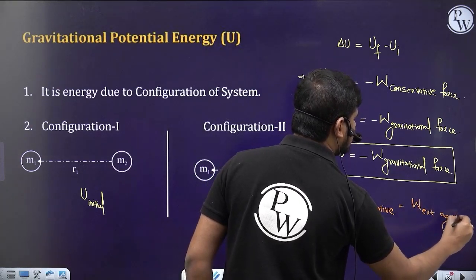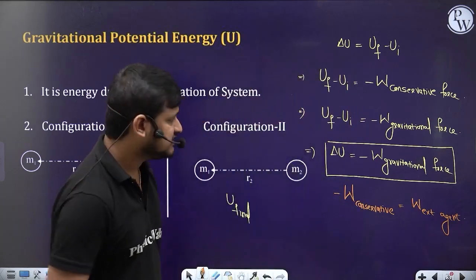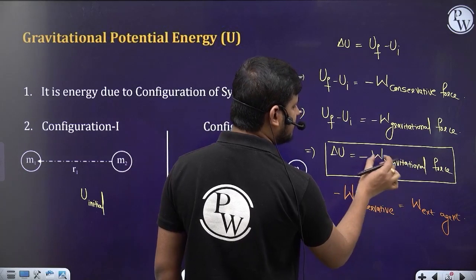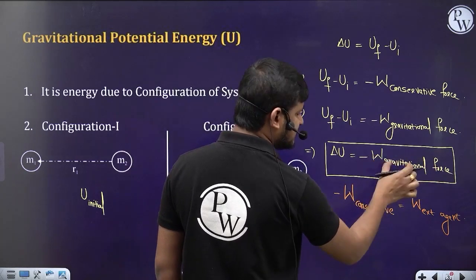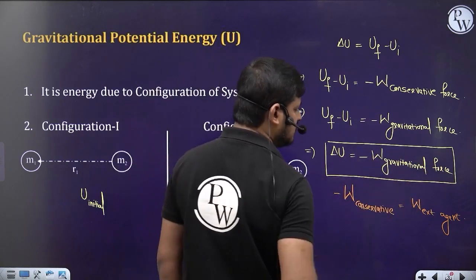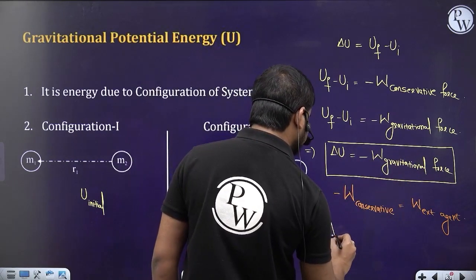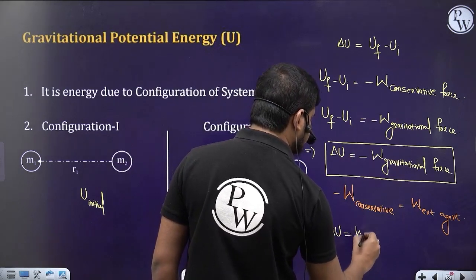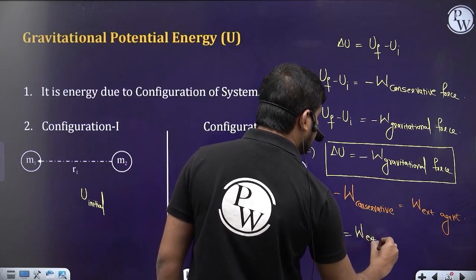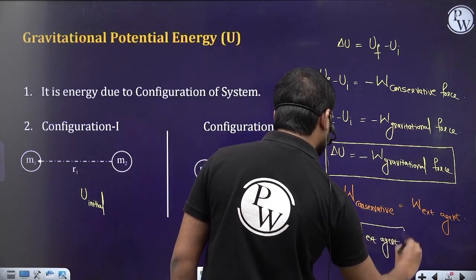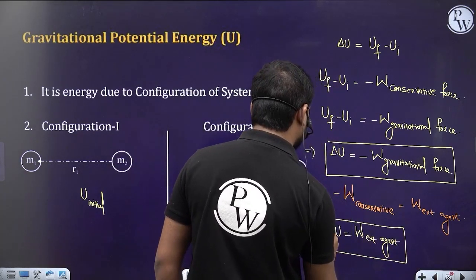Do you remember that from the work energy power chapter? So in place of the negative of the work done by the conservative force, which is the gravitational force, I can write the work done by the external agent. So the change in potential energy is the work done by either the external agent or the negative of the work done by the conservative force. You can use either of these.